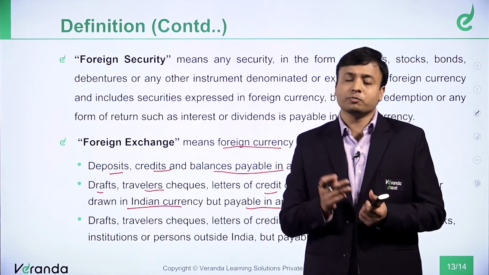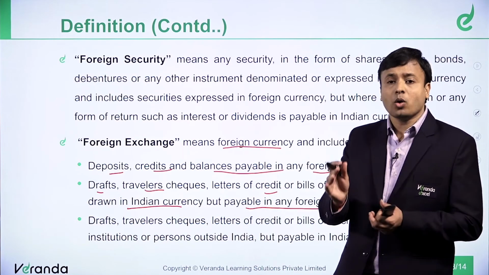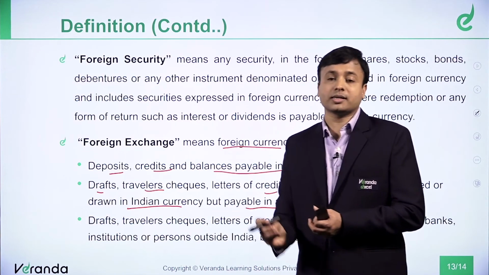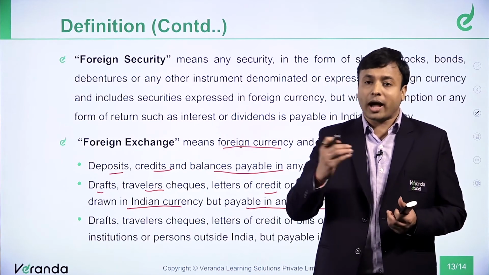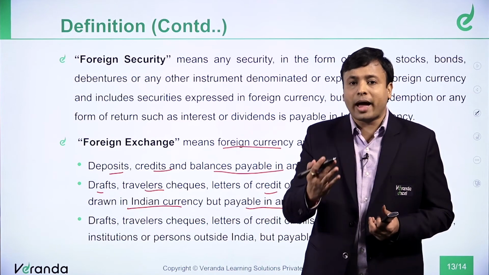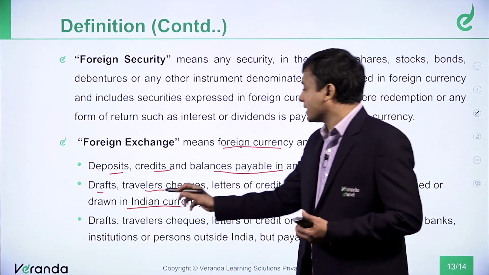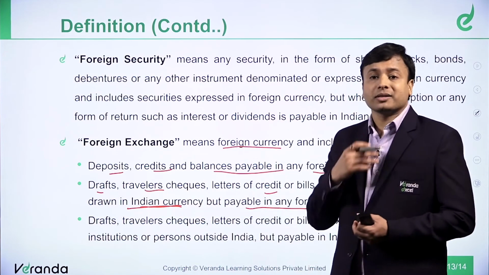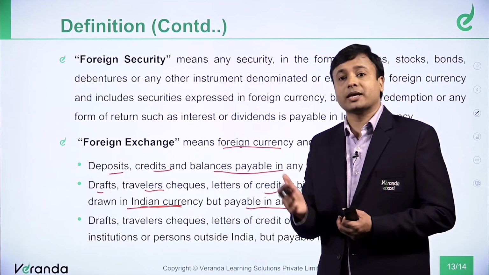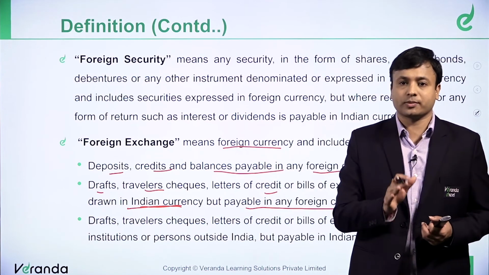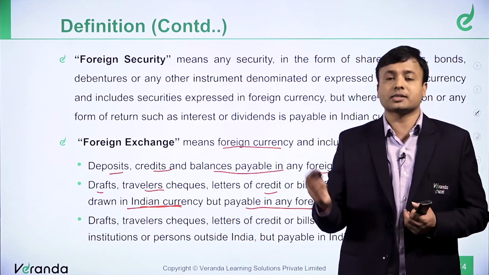The bank gives me foreign currency by loading it into my forex card. I give the bank Indian currency, so it is drawn in Indian currency, but this forex card is usable when I travel to the US or whichever countries this card is valid.